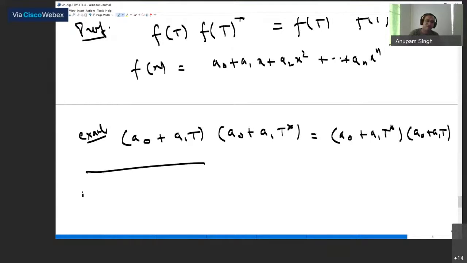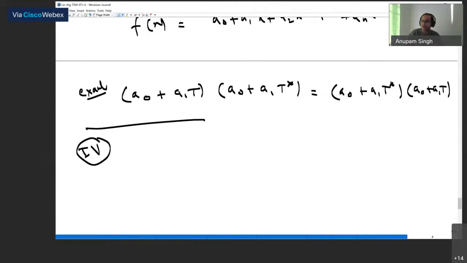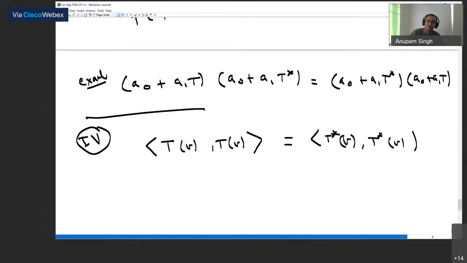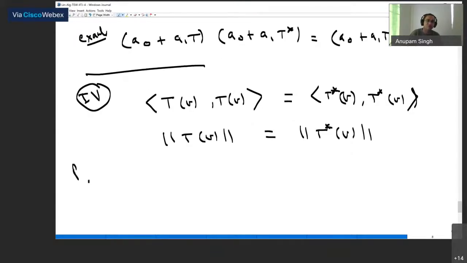Okay, so let's get to property number 4. So the property 4 is this, that I'm always assuming T is normal. So (T(v), T(v)), if I calculate their inner product, it is equal to (T star v, T star v). And this will also automatically give that norm of T(v) is always equal to norm of T star v, right? This is quite easy to prove.